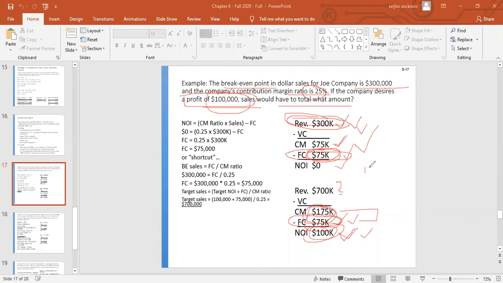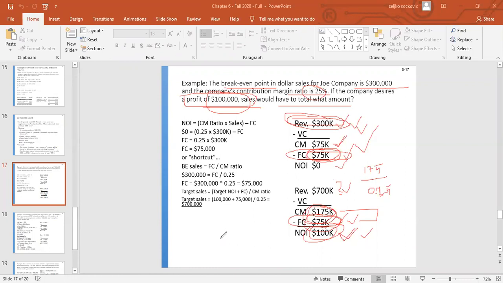Now you will just say 175 divided by 0.25 is 700, right? Why? For those of you who are not good at algebra, which number would give you 175 when you multiply it by 0.25?